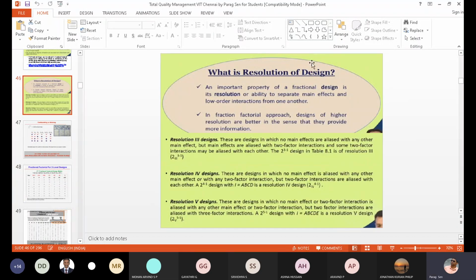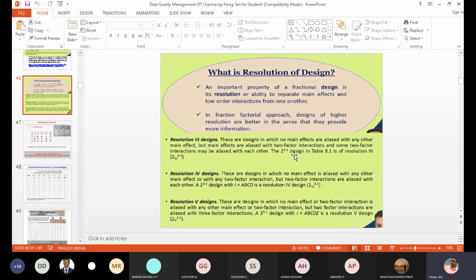Resolution 3 designs are designs in which no main effects are aliased with any other main effect, but main effects are aliased with two-factor interactions, and some two-factor interactions may be aliased with each other.